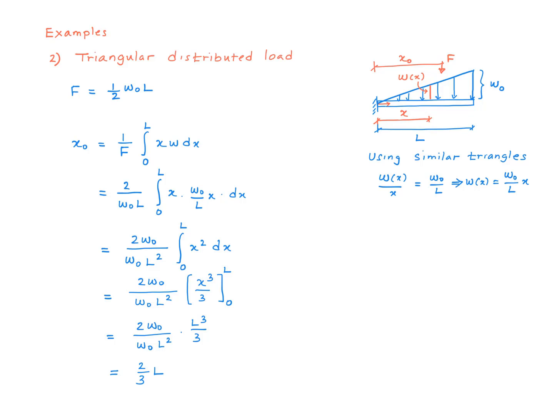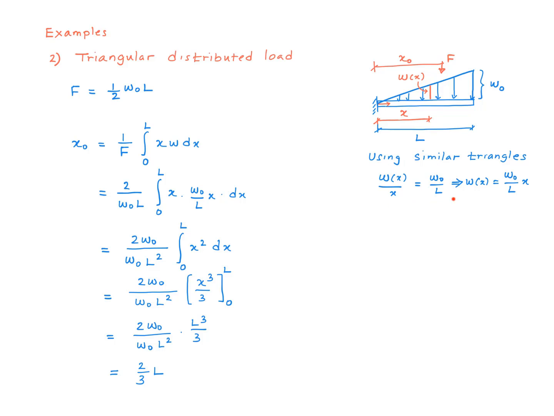So we do this by using the principle of similar triangles. If I take this little triangle right there, this little triangle is similar to this big triangle, and therefore the ratios of the corresponding sides must be constant. So in other words, omega x over x must be equal to omega naught over L. So that's what I have here.